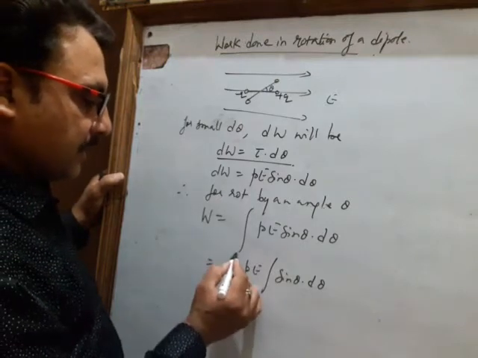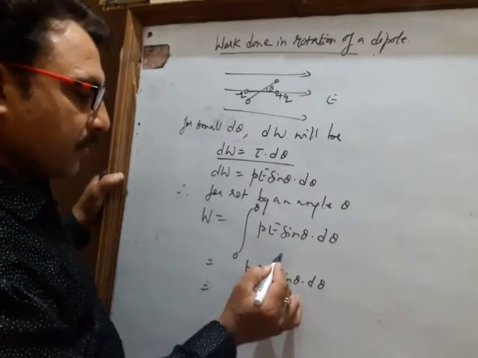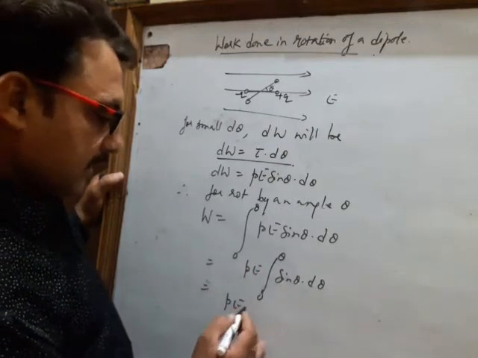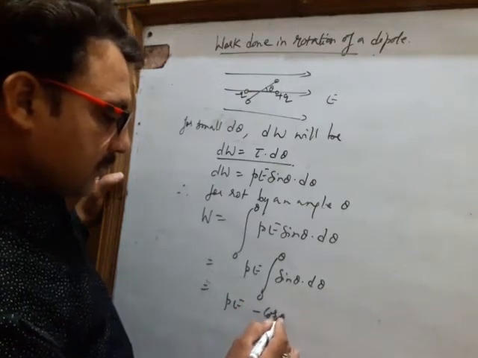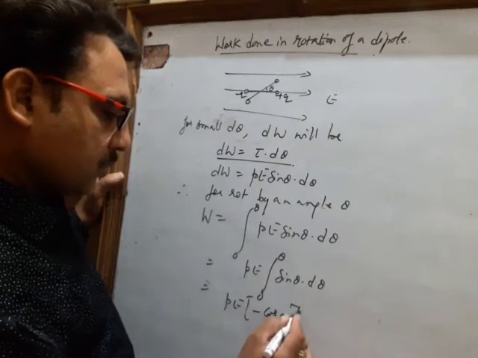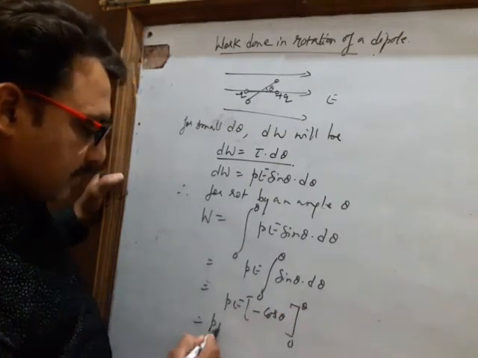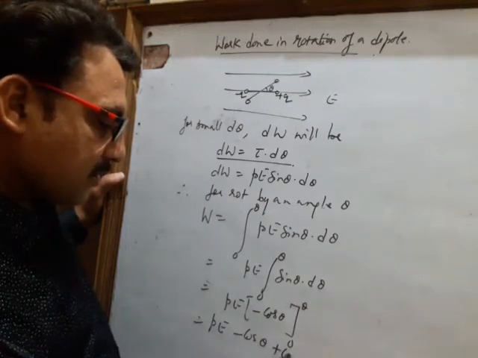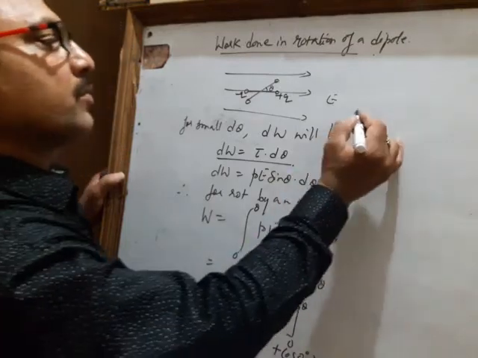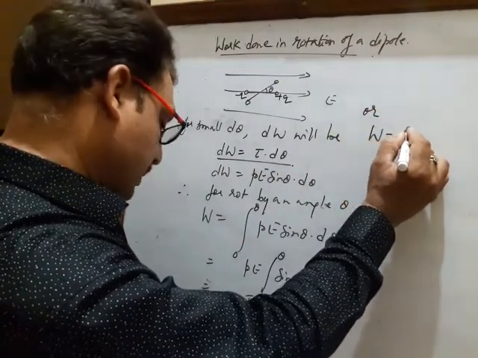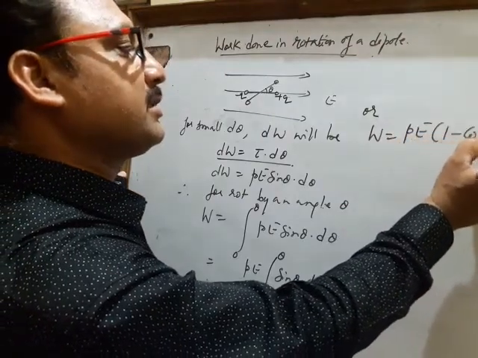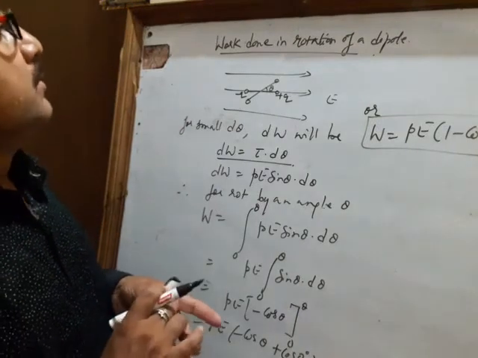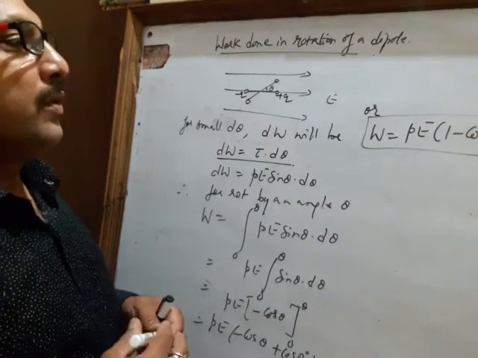Taking the limit 0 to theta, this is Pe times the integration of sin theta, that is minus cos theta, from 0 to theta. So this is Pe into minus cos theta minus cos 0, means plus cos 0, or you can say W equal to Pe into 1 minus cos theta. This is the formula for work done in rotation of a dipole in an electric field.